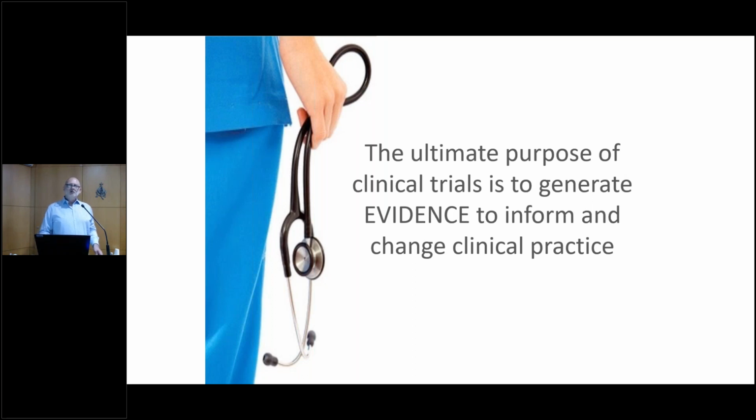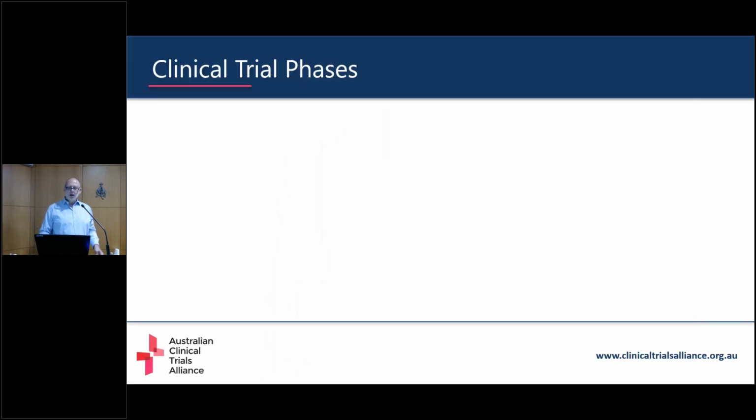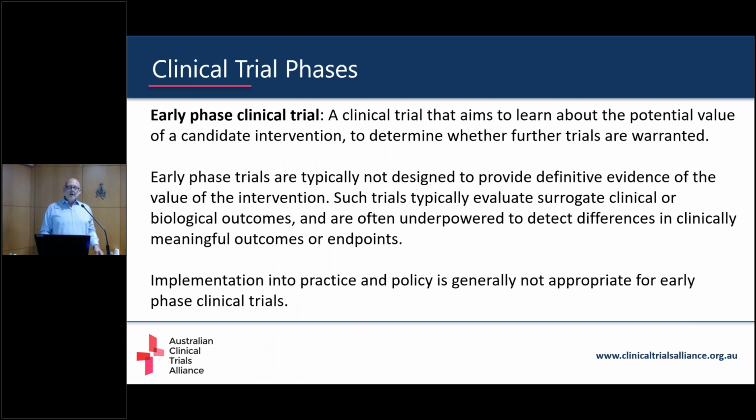And so I think it's not unreasonable to indicate that the ultimate purpose of clinical trials is to generate evidence to inform and, where appropriate, change clinical practice. One of the things which the reference group identified as it was working through this process relates to nomenclature.